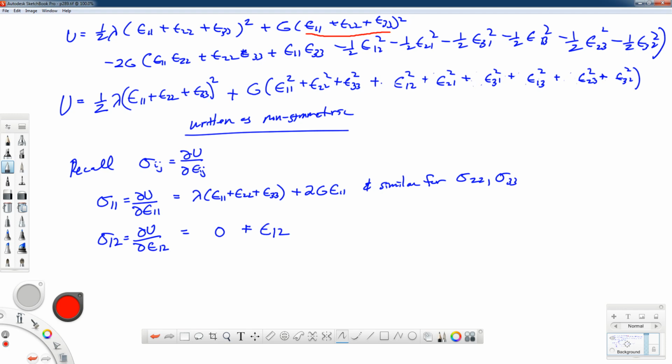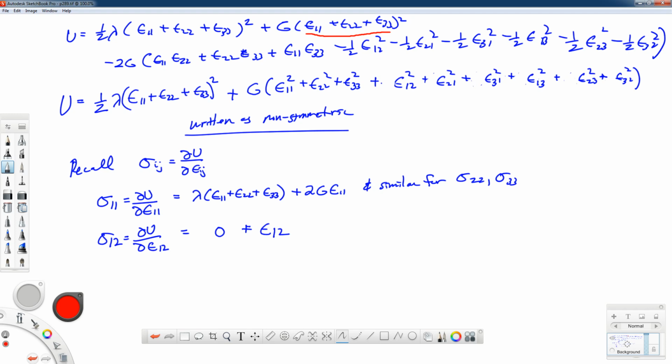We get some positive 2 times those mixed terms, epsilon 1 1 times epsilon 2 2 plus epsilon 1 1 times epsilon 3 3, all that. We get 2 times those kind of terms. But then we're subtracting off some terms, minus 2 times epsilon 1 1 and epsilon 2 2.